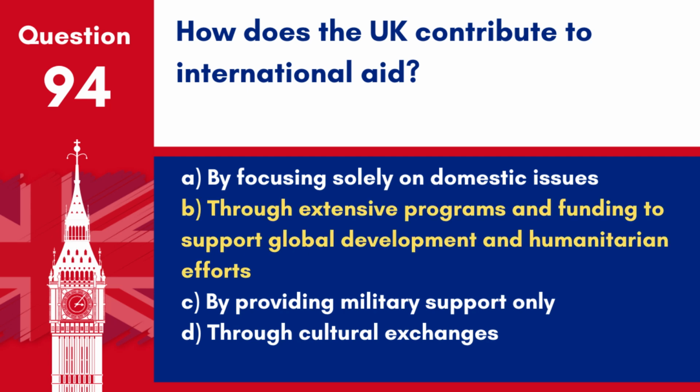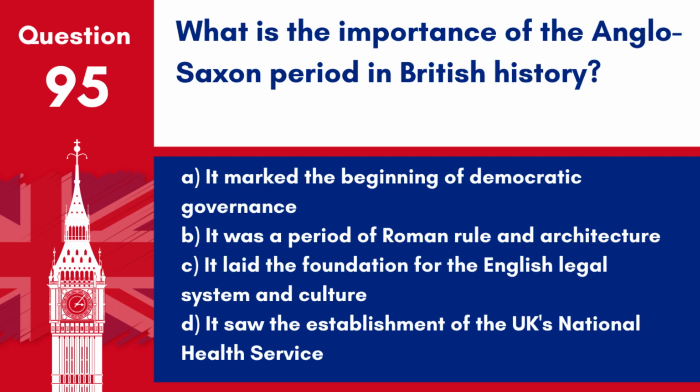Answer: B. Through extensive programs and funding to support global development and humanitarian efforts. The UK contributes to international aid by providing financial assistance, expertise, and support for development projects and humanitarian relief efforts around the world.